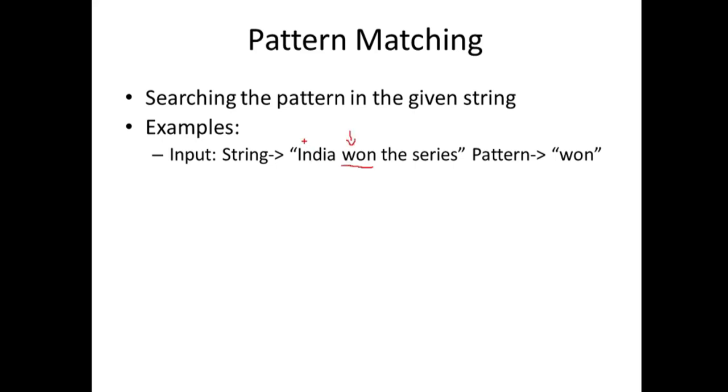You can see the index of this I is 0, index of this n is 1, 2, 3, 4, 5 and 6. So what will be our output? Yes, "won" is present in the string and the index of "won" in the string is 6. So found at index 6. That is basically pattern matching.